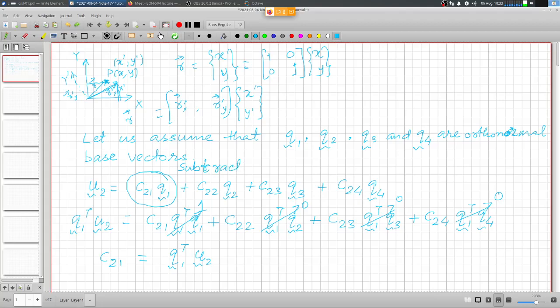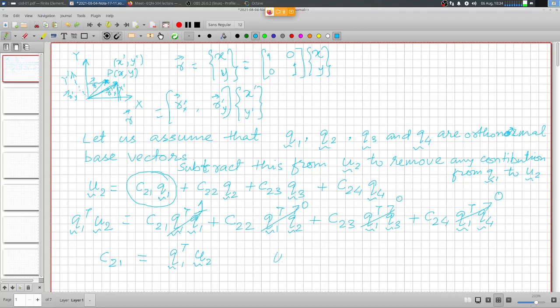Subtract this from u2 to remove any contribution from q1 to u2.